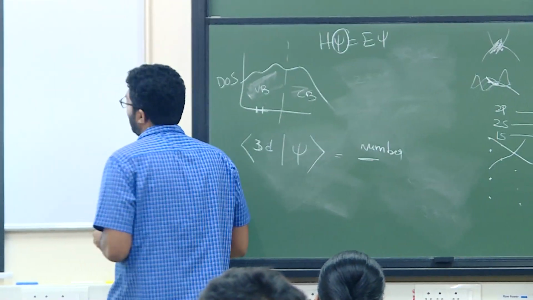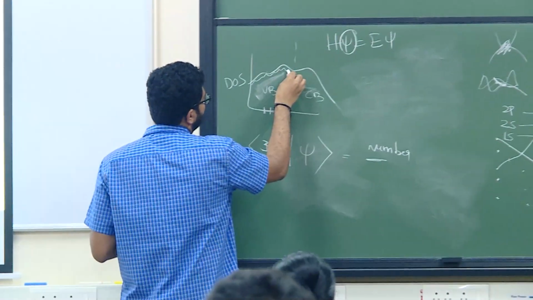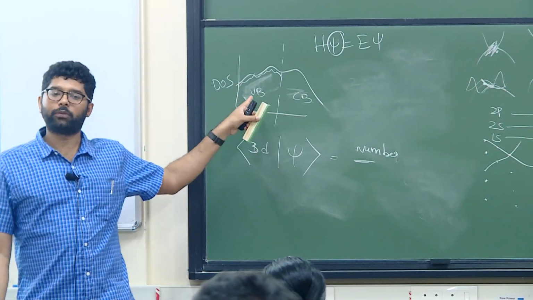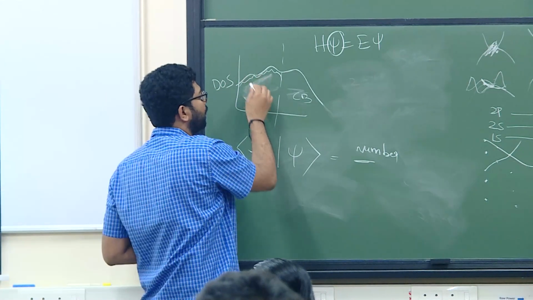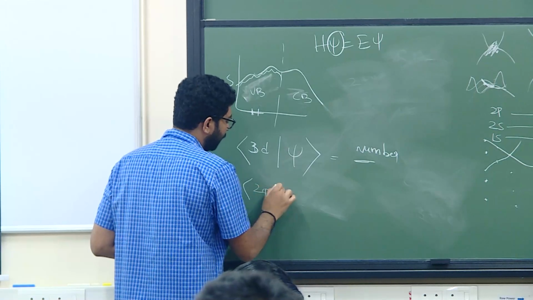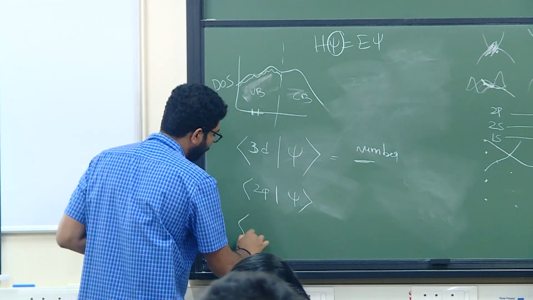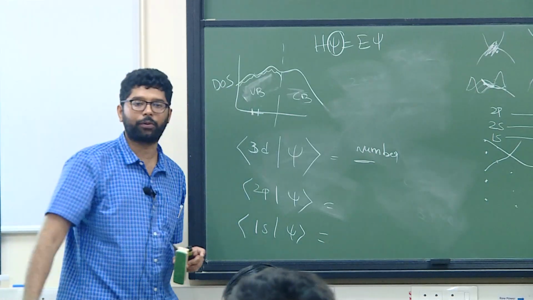When I plotted that number, this orange color line is coming like this. That means this guy has the maximum contribution. This is the total. I wanted to calculate the total by plotting it on, for example, 2p projection I wanted to do, 1s projection I wanted to do, like this I wanted to do for each of the projections.